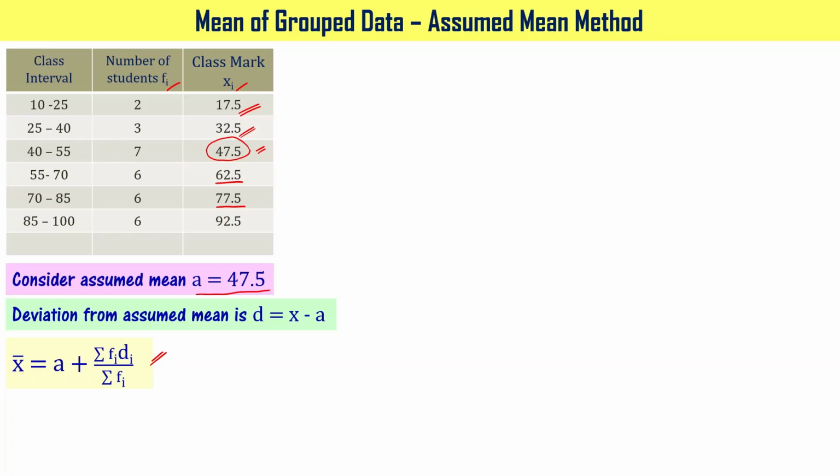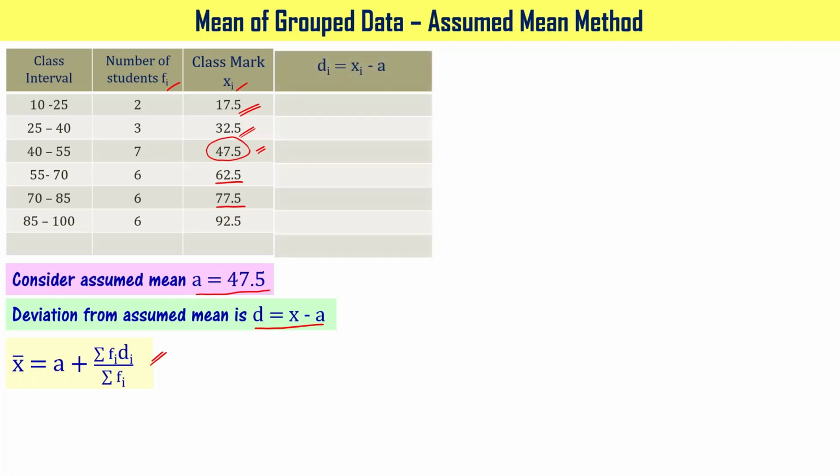If you want to use this formula to get the mean, all we have to do is find di values, right? We said that d equal to x minus a, which means di is going to be xi minus a. We said a equal to 47.5, right? And we know the values of xi, 17.5, 32.5 and so on. So let's first start calculating the values of di equal to xi minus a for various classes.